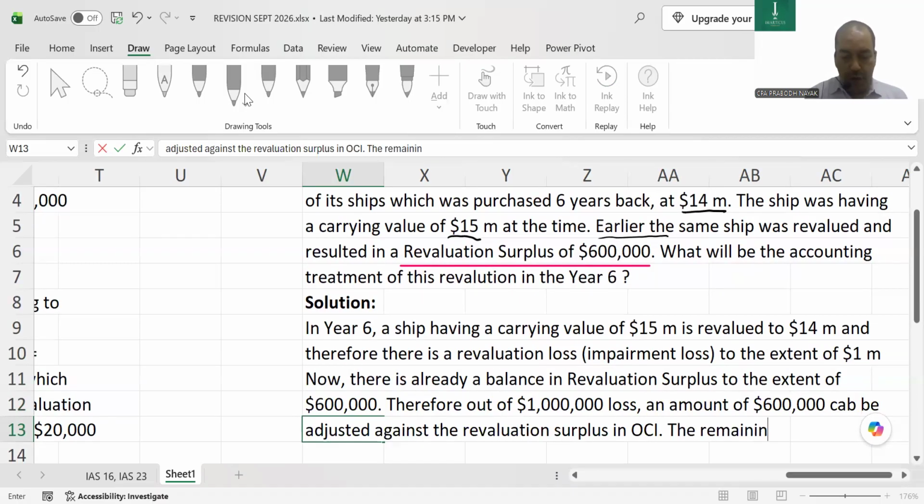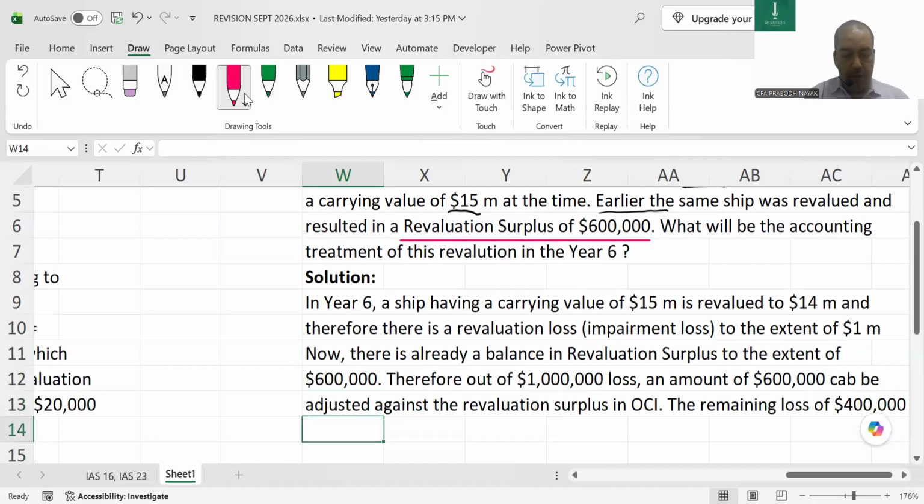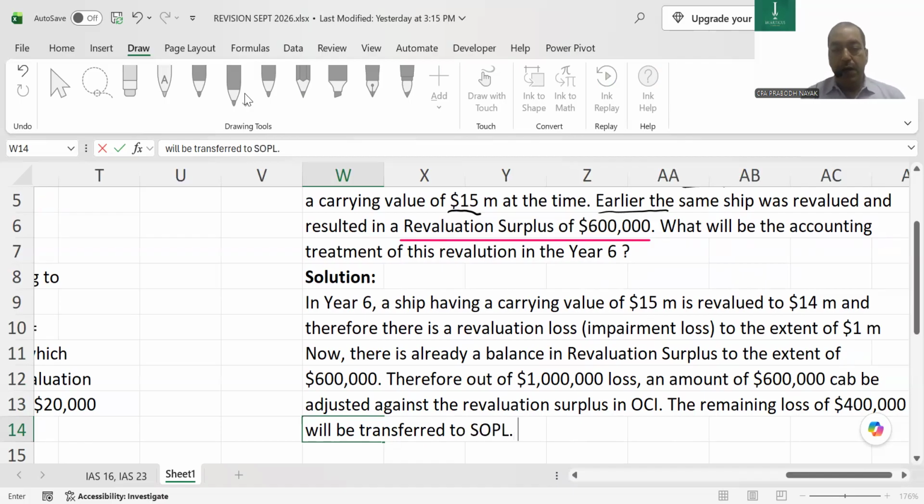The remaining loss of $400,000 will be transferred where? Right, SOPL in year 6.